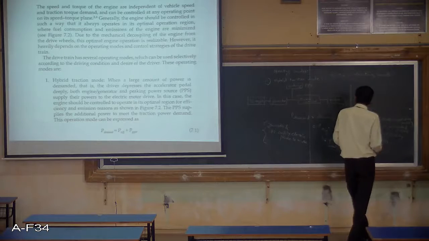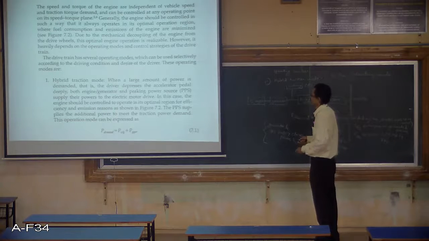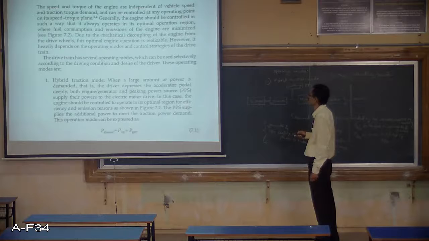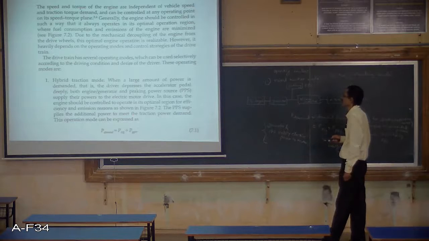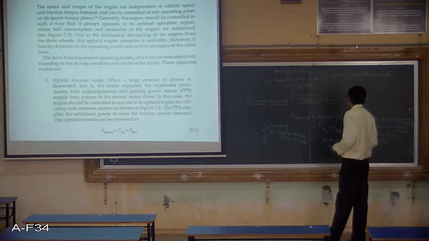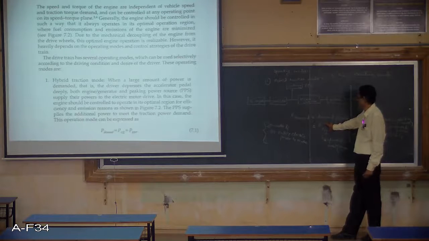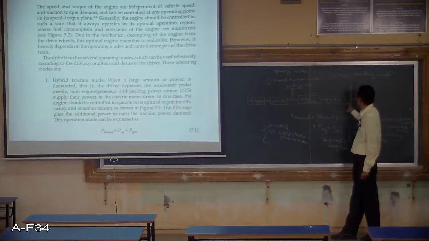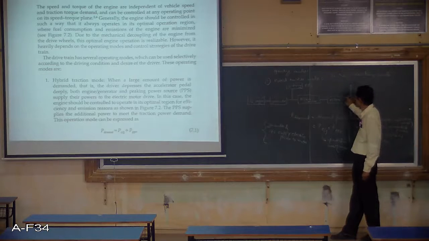This is operated in the maximum efficiency range so that the economy will not be affected. The engine should be controlled to operate in its optimal region for efficiency and emission reasons, as shown in figure 7.2. The PPS supplies the additional power to meet the traction power demand. Whatever power is supplied by the generator or the engine is not sufficient to power the motor, so the additional power required is supplied by the battery.